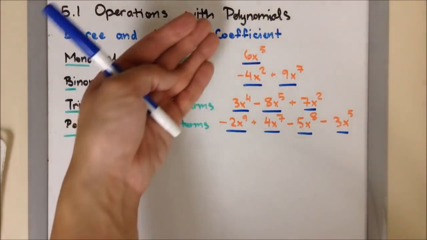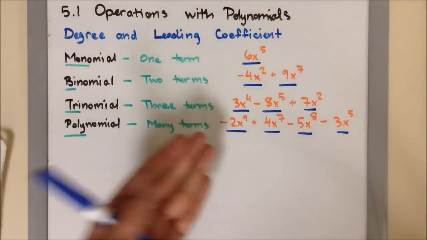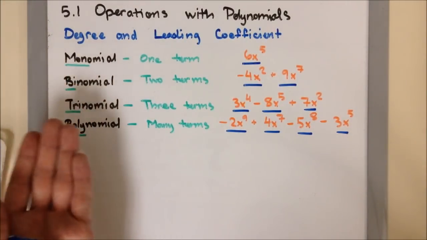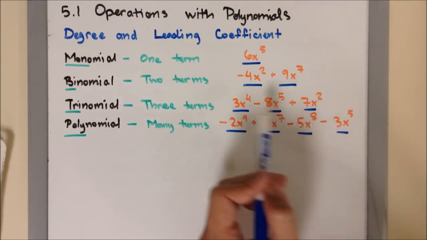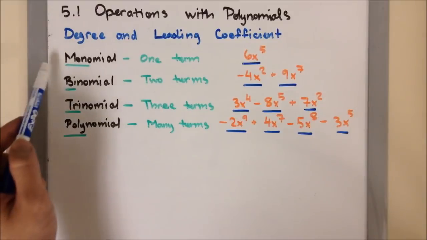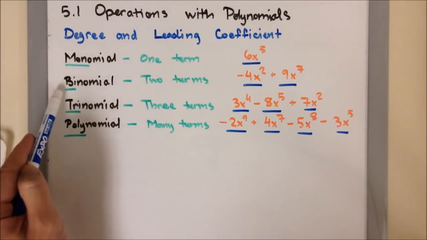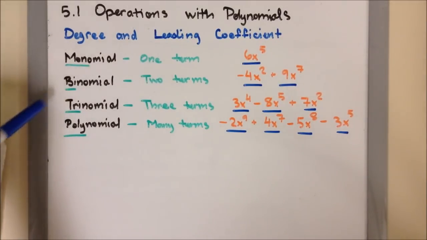Now, if you pay very close attention, these can be classified as monomial, binomial, trinomial, and polynomial as long as the exponents are positive, meaning that we can't have negative exponents when we're classifying as monomial, binomial, trinomial, and polynomial. So again, you should not have negative exponents when you're classifying in these types.